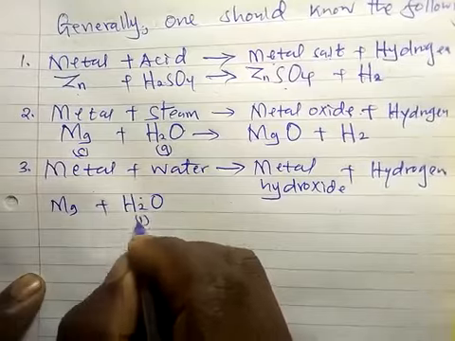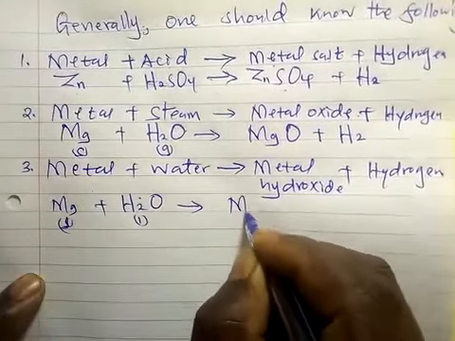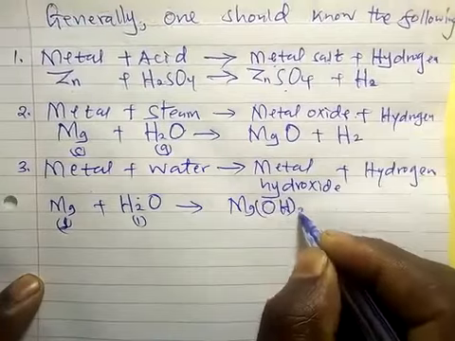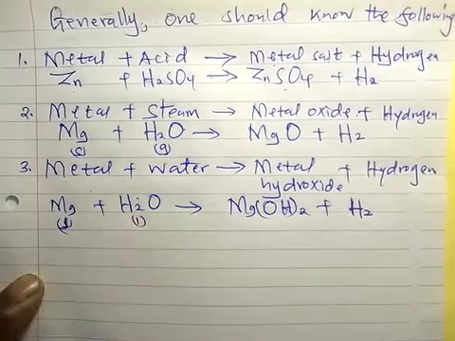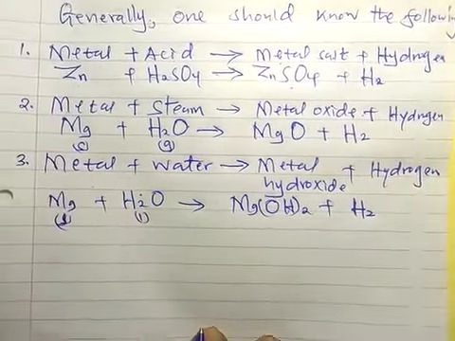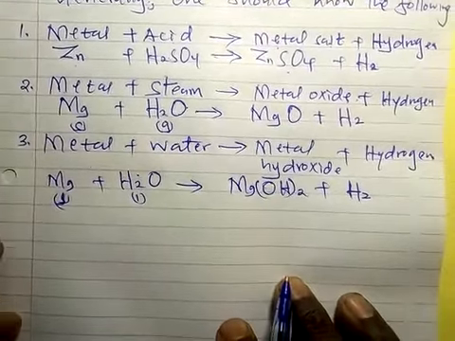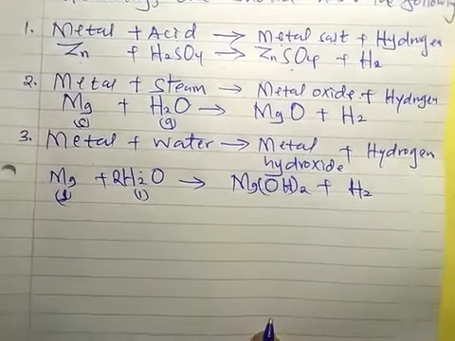Now this water is in liquid form. This one will give you magnesium hydroxide plus hydrogen gas. The equation will need to be balanced. So we are not talking about the balancing, but that's how the equation will be. But we have to put 2 here to balance the equation, as simple as that.